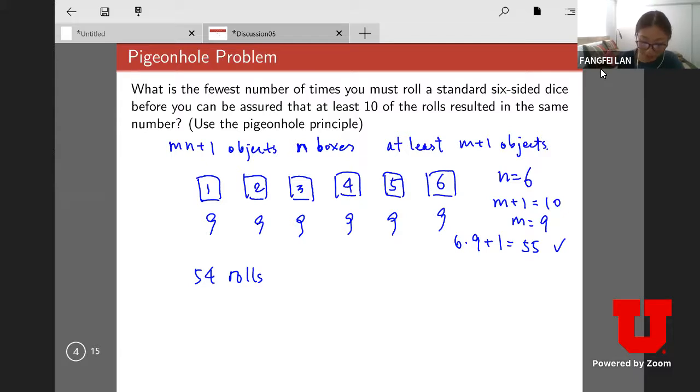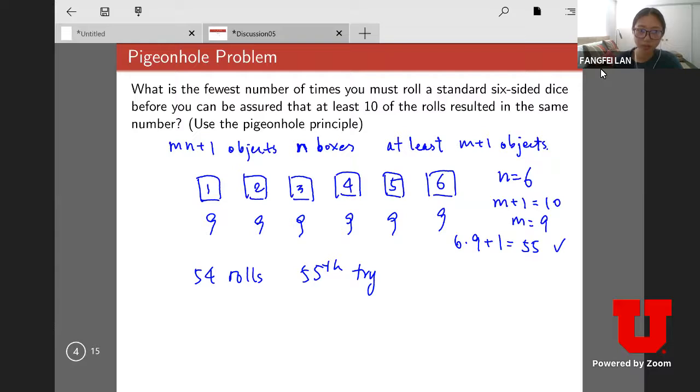So instead of having 10 on the first try, we somehow distributed it out and then we have 9 in each box. So now the 55th try has to end up in one of the 6 boxes, right? It has to happen.